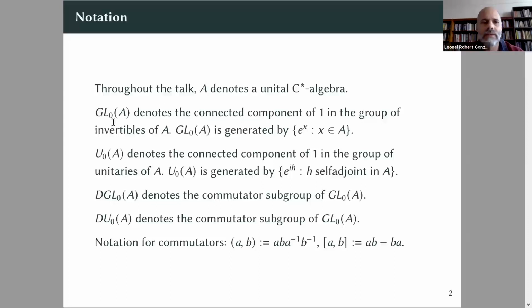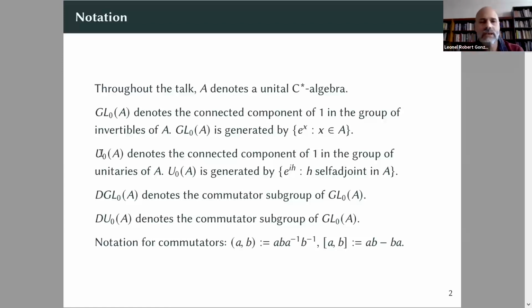And then I denote by GL0A the connected component of the identity in the group of invertibles of A. The way I think about it, the way it enters the arguments of the theorems and so on, is always as the group generated by the range of the exponential map. And you could even take this as your definition in the non-unital case.